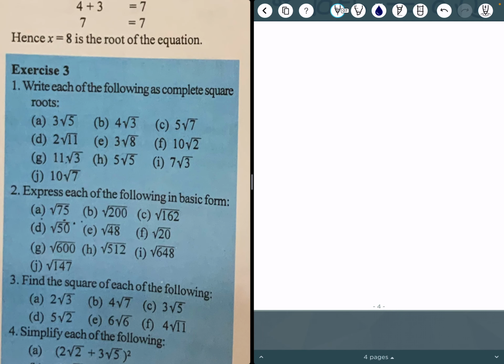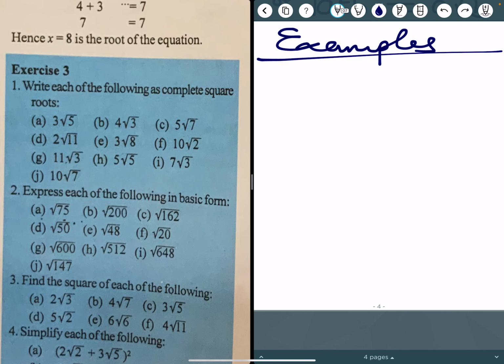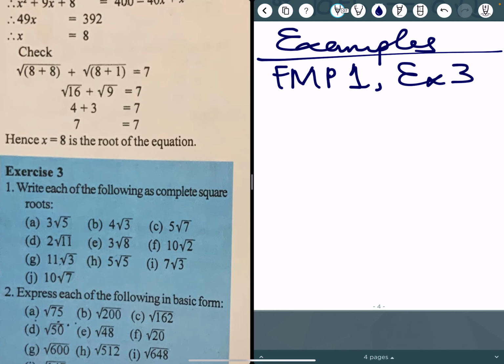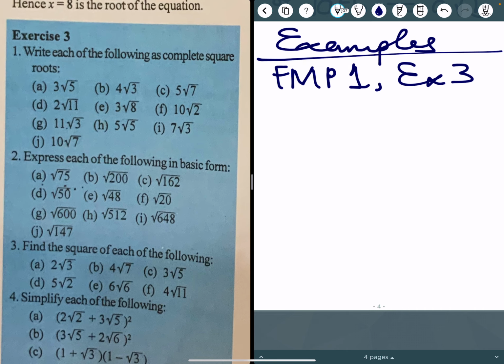Let's take some examples. These examples are from Further Maths Project 1, Exercise 3, page 26.